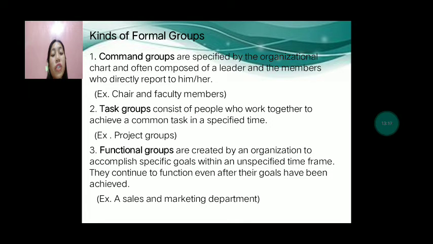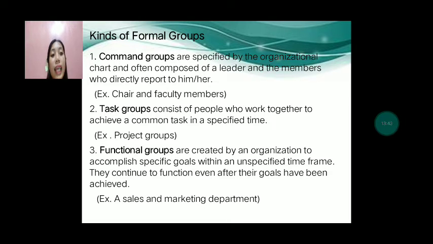Number 3, functional groups. Functional groups are created by an organization to accomplish specific goals within an unspecified time frame. They continue to function even after their goals have been achieved. From the word function, it involves a person who has a role in a certain group.